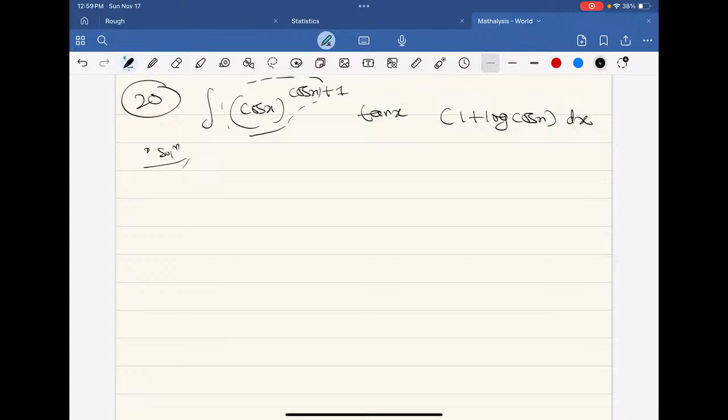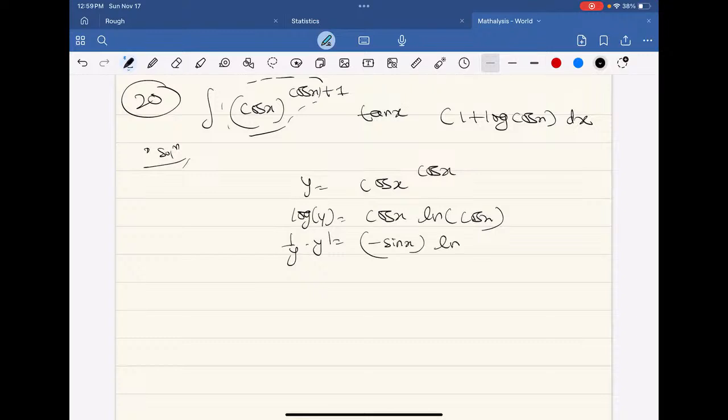So let's see if I want to differentiate this. I will first take log on both sides. So this will just be cos x log of cos x. And now if I differentiate this, 1 by y times y dash is equal to minus sin x log cos x plus cos x times 1 by cos x times sin x, right?